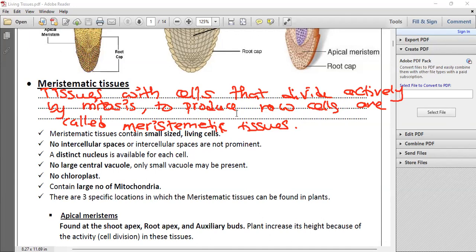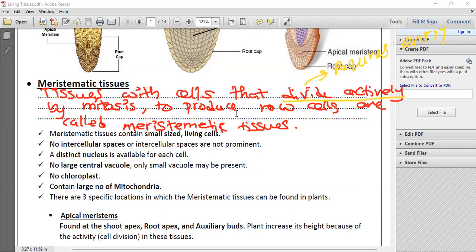Now here it says "actively", that divide actively. Cell division takes place actively, which means it needs energy. You could write: requires energy. That is a very important point. These tissues have cells with the capability of doing cell division actively by mitosis, which means this process needs energy.